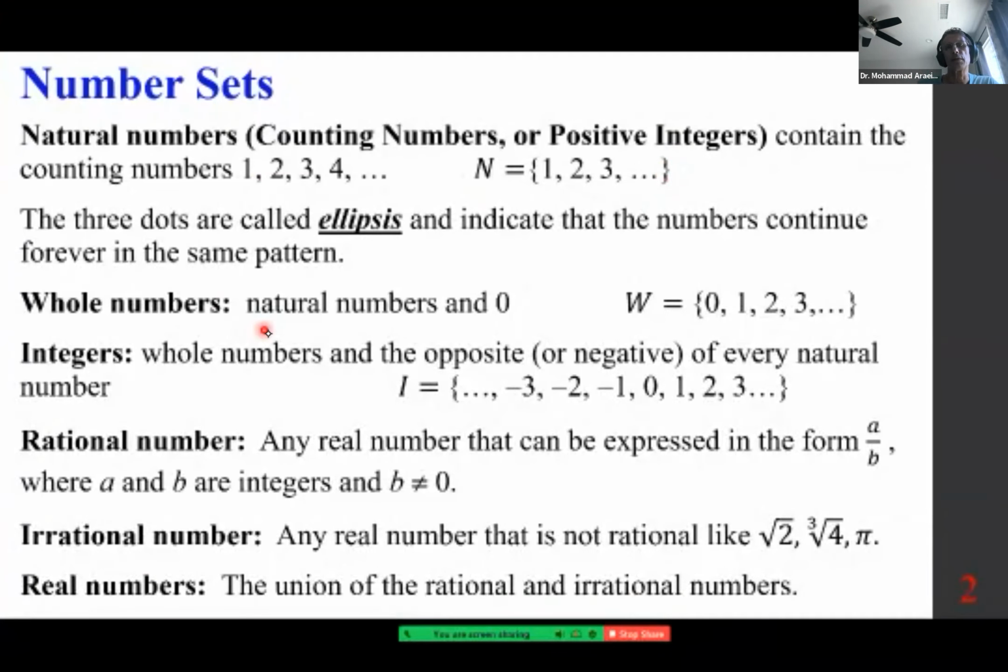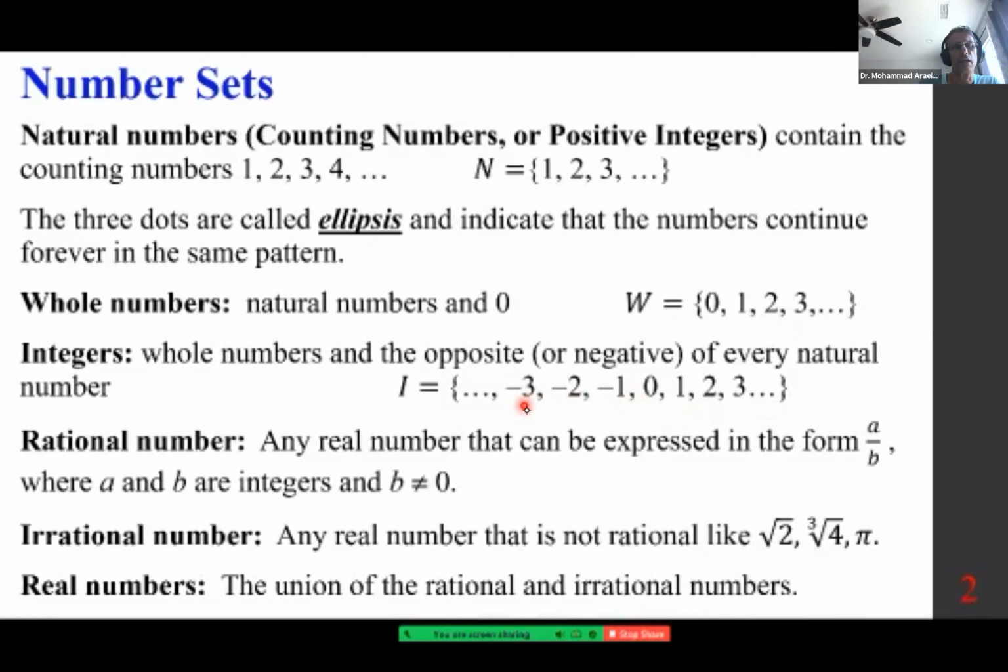Whole numbers, we just added 0. Integers, we go on the left side, we include the negative numbers. So 0, 1, 2, 3 to infinity, -1, -2, -3 to infinity.